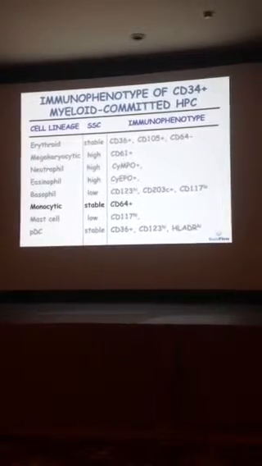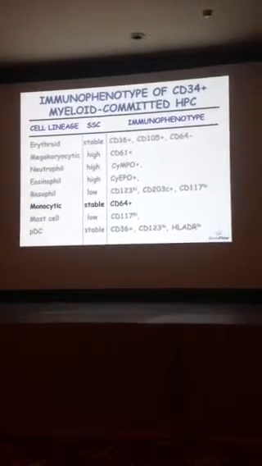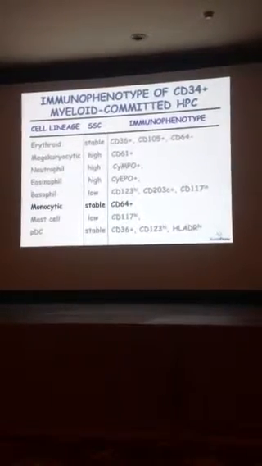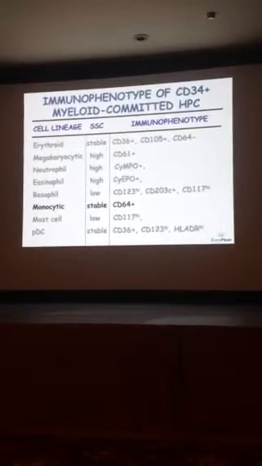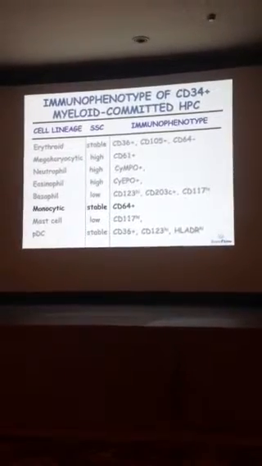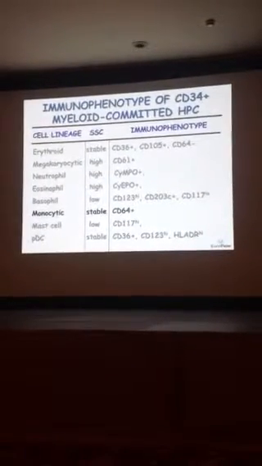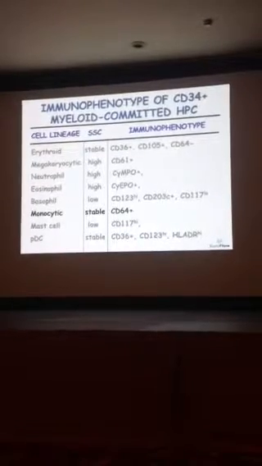As I mentioned 2 days ago, in the bone marrow, within the CD34 cells, CD64 is the marker that we can rely on to identify the earliest monocytic precursor.